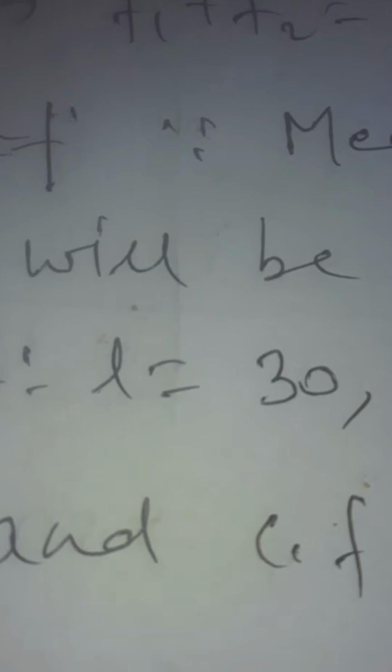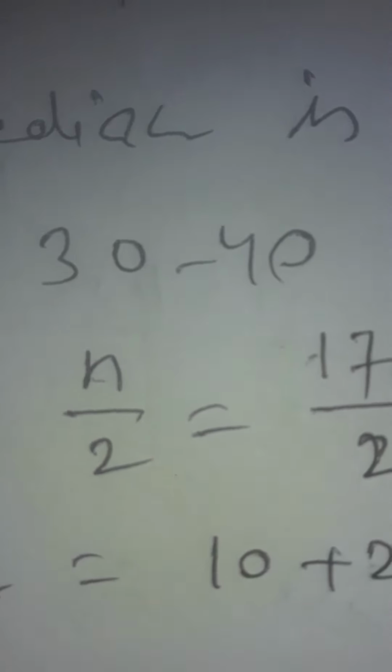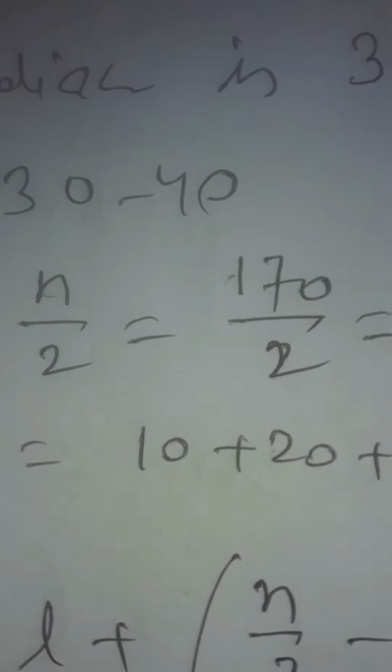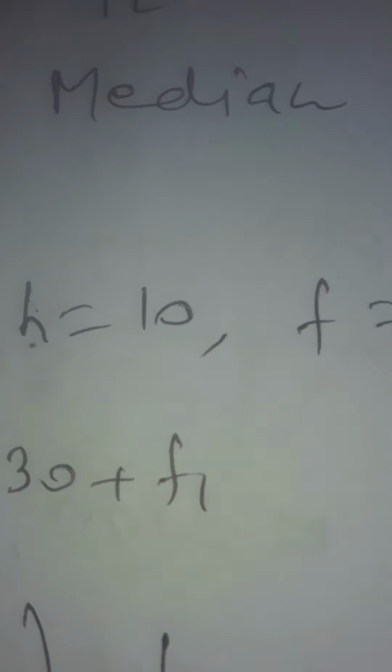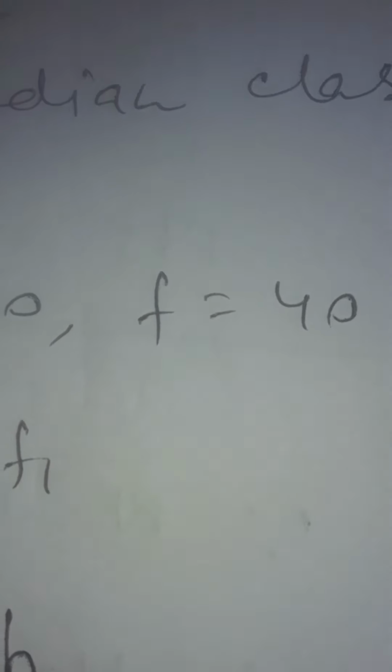Here lower limit L is 30, n by 2 is equal to 170 by 2, that is equal to 85. Now class size H is equal to 10. Frequency of the median class is 40 over here, since 30 to 40 was the median class and its frequency is 40. So F is 40 over here.